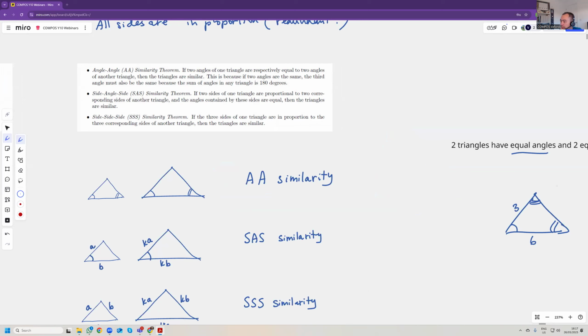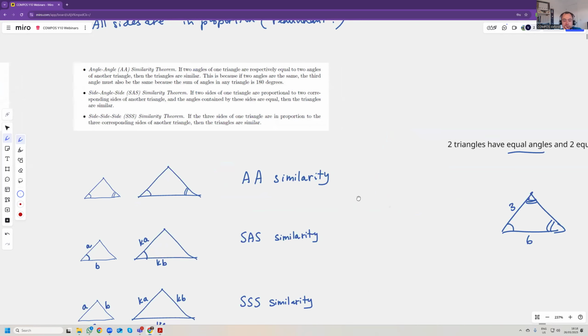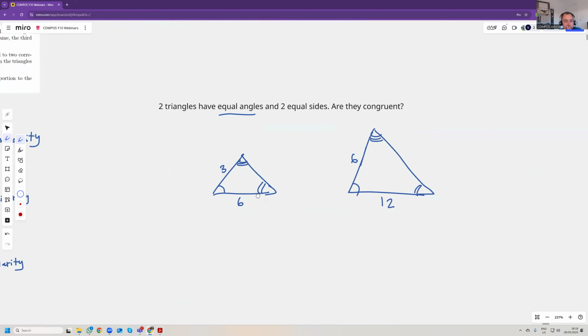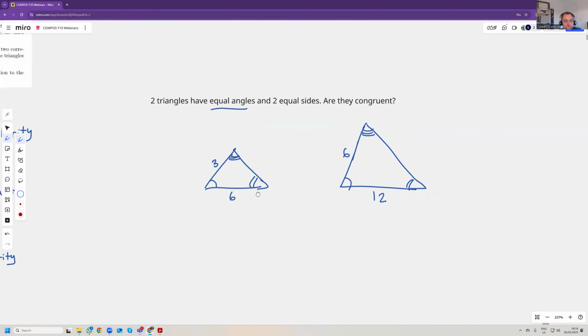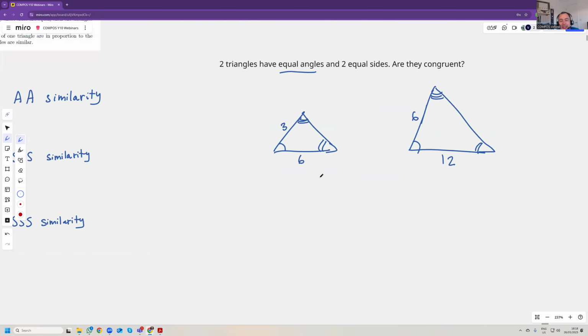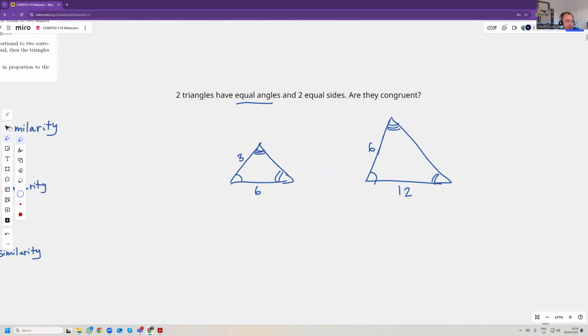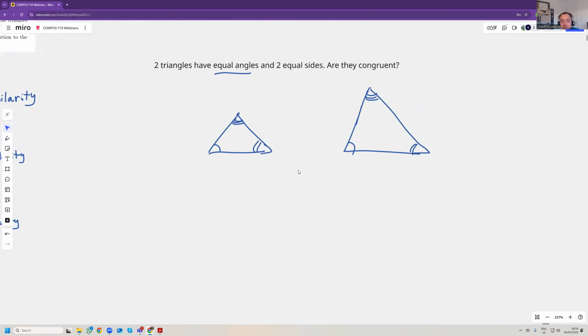Let me check. Two equal sides. Okay. I have to come back. I apologize. I won't waste any more of your time. Basically, it is possible to have triangles with sides in proportion and three equal angles, and they're not congruent.